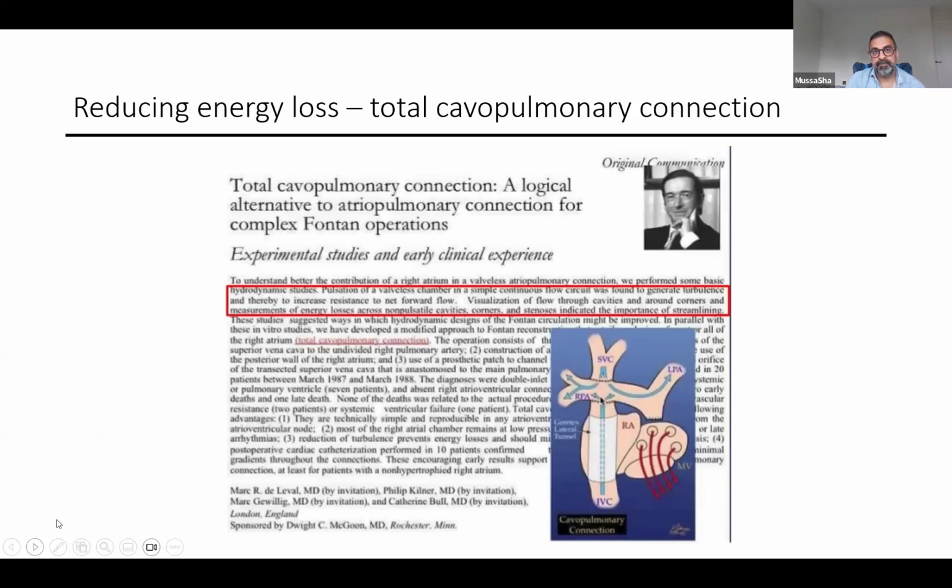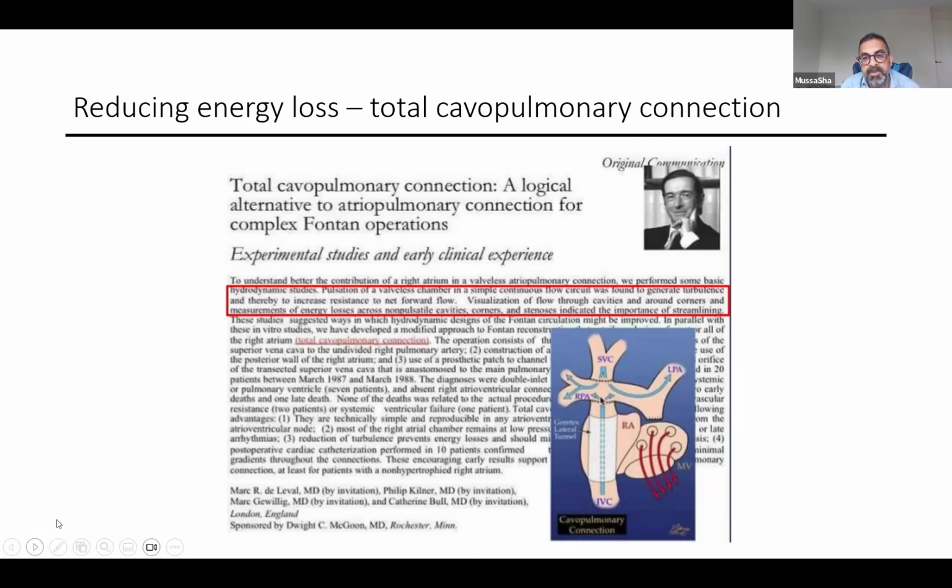So clearly, there was a need to somehow modify the circulation, and Marc de Laval, who was a surgeon at Great Ormond Street, came up with the concept of a total cavopulmonary connection, rather than the atriopulmonary connection that Fontan had conceived.